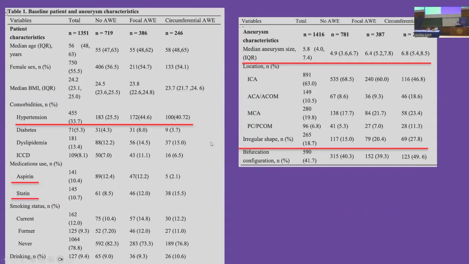Here is the basic information of the patients. You can see there are some focal and circumferential enhancement, and there are some common risk factors associated with enhancement, like hypertension, aneurysm size, and irregular shape. We also notice the trend that aspirin actually has reduced enhancement, while statin seems, in the opposite, to have increased enhancement.